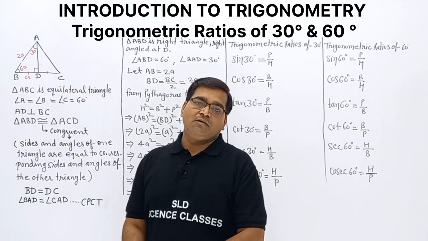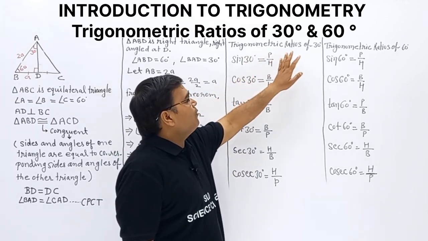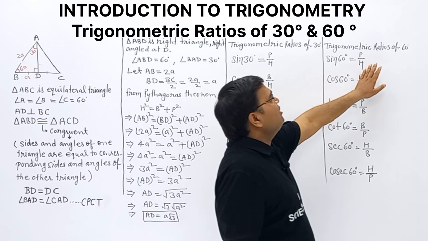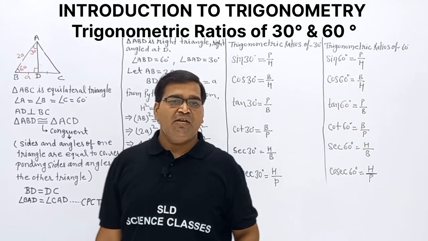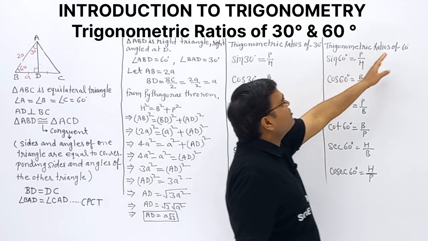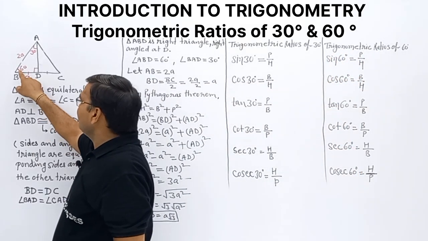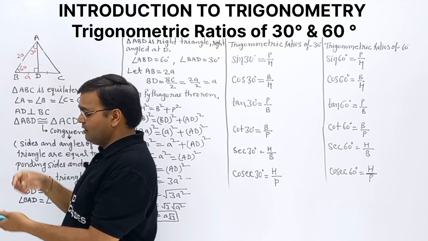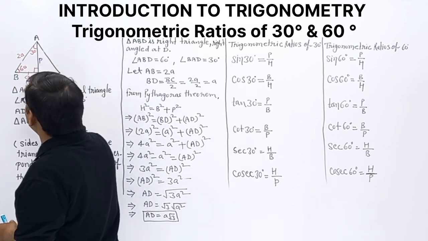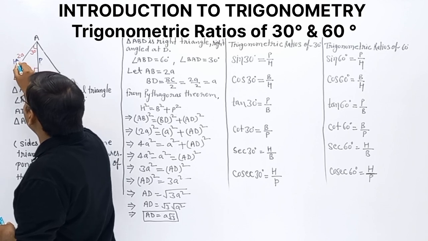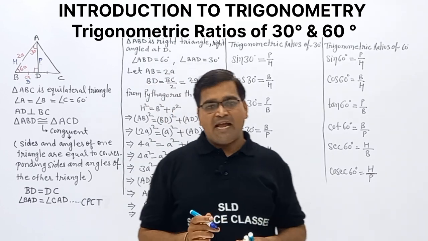Now we want to find trigonometry ratios of 30 degree and 60 degree. First I am taking trigonometry ratios of 60 degree. Why? Because for this acute angle, we already understand this one is perpendicular, this one is base, and this one is hypotenuse, and we have all the sides.